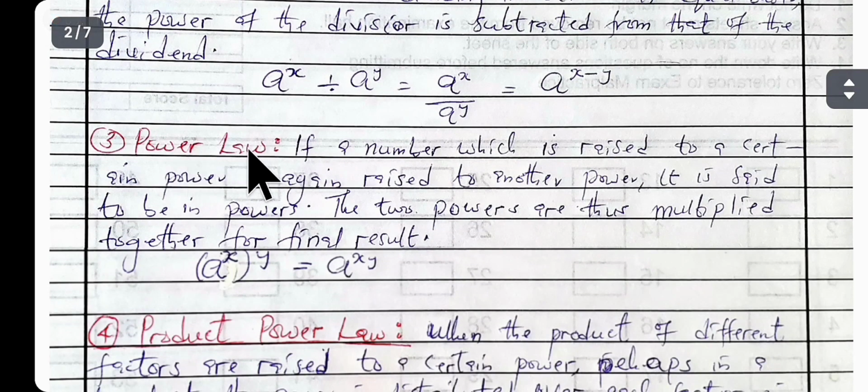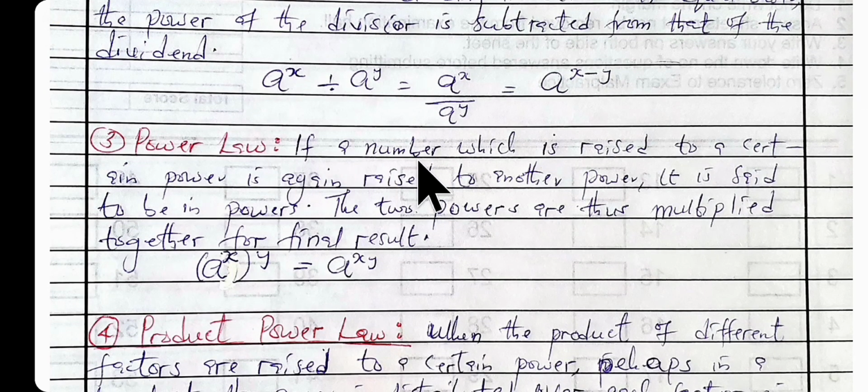The next law is the power law. If a number which is raised to a certain power is again raised to another power, it is said to be in powers. You see, the power is now in plural. The two powers are thus multiplied together for the final result.